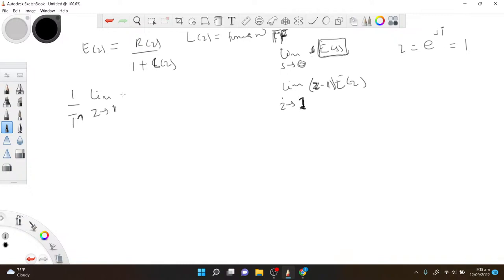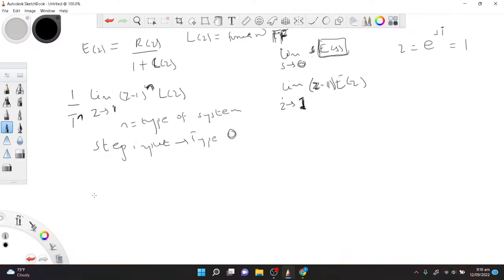And when you do that for all the inputs, this is the general expression for steady state error, which is 1 over T to the n, limit as z approaches 1 of (z minus 1) to the n times L of z, where n represents the type of system. So step input is for type 0. Type 0 means n is equal to 0.